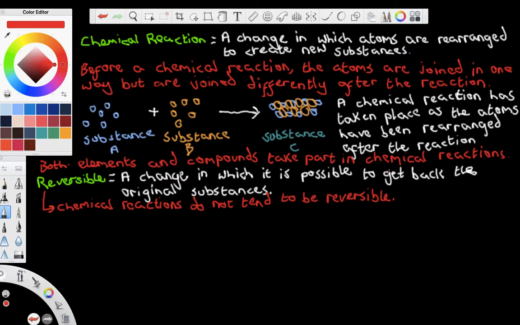Now, as well as making new substances, chemical reactions also transfer energy from the reaction to the surroundings.